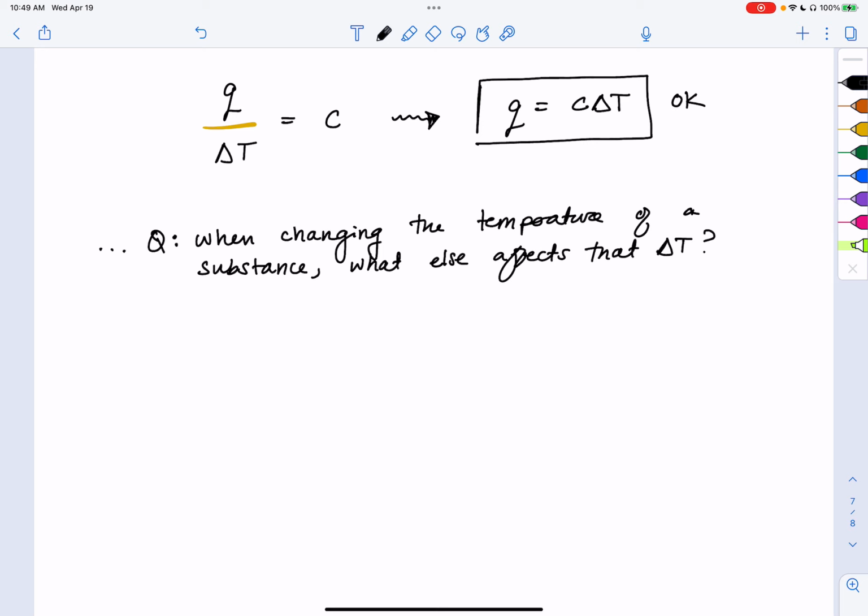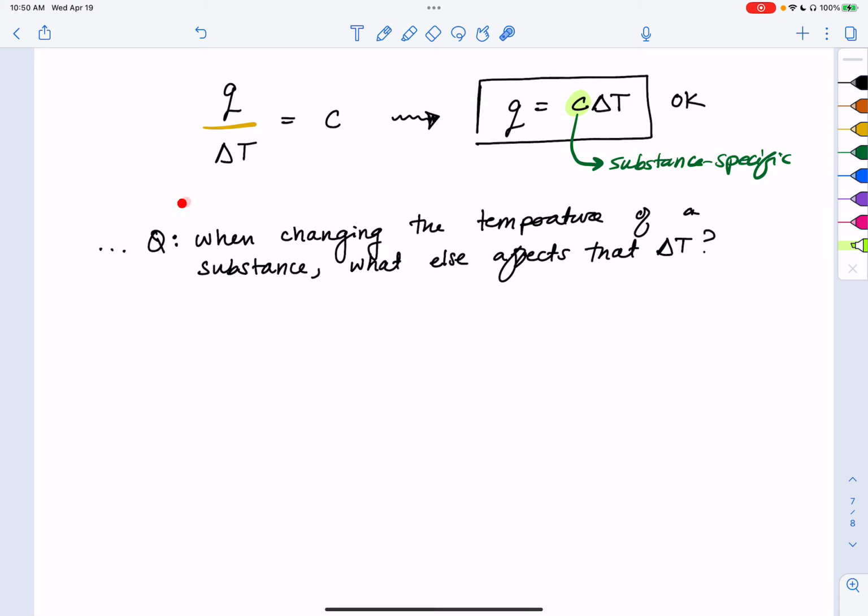So it can't just be that heat is equal to delta T times a constant, right? Because even though this little heat capacity here is in fact specific to a substance, what we've yet to think about is not just what the substance is, but also something else.